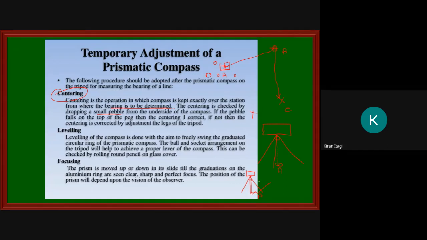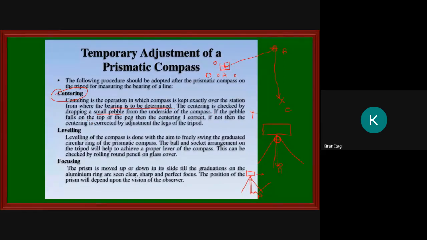What we should do is move the instrument a little towards the right-hand side, such that when you drop the stone from below the tripod, it falls on station A. This is called centering, or you can do it with the help of a plumb bob also.